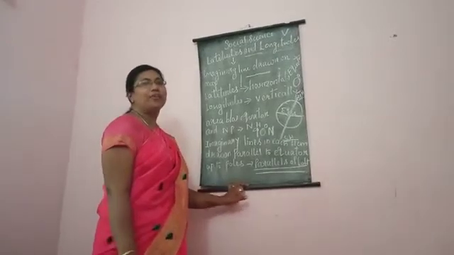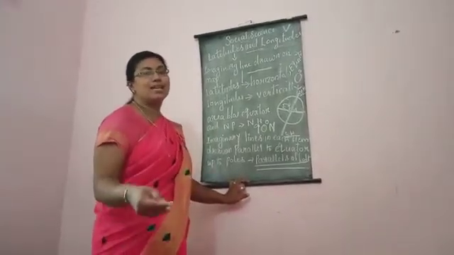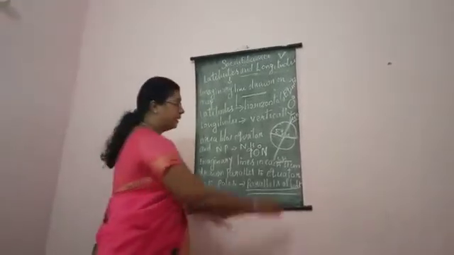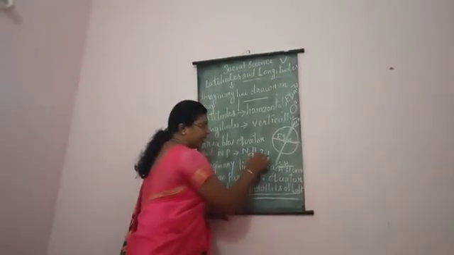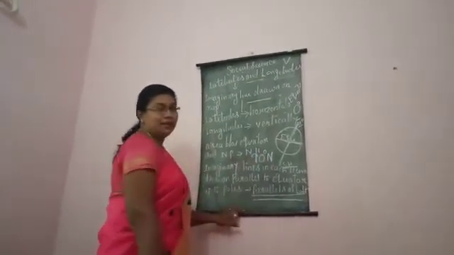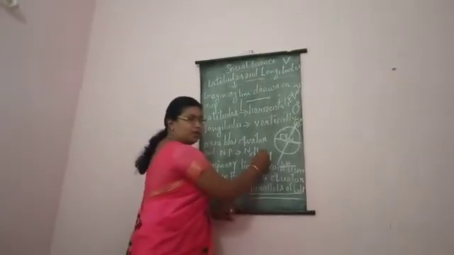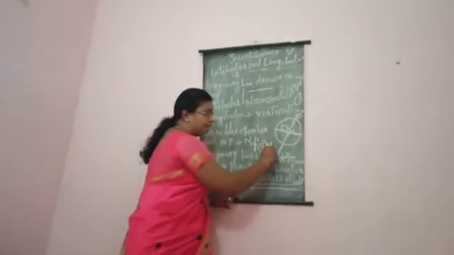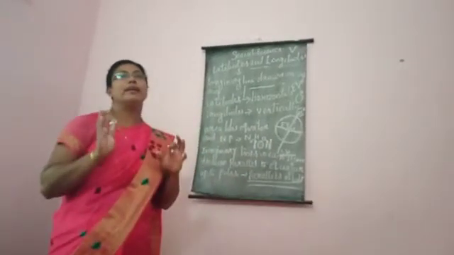If we want to write 90 degree north, or 20 degree south, how will we write it? First we have to write the number. If it is 90, we write the number first. Then up above we put a small circle, which is the symbol of degree. Then we have to use the capital letter. We have to use only the capital letter.